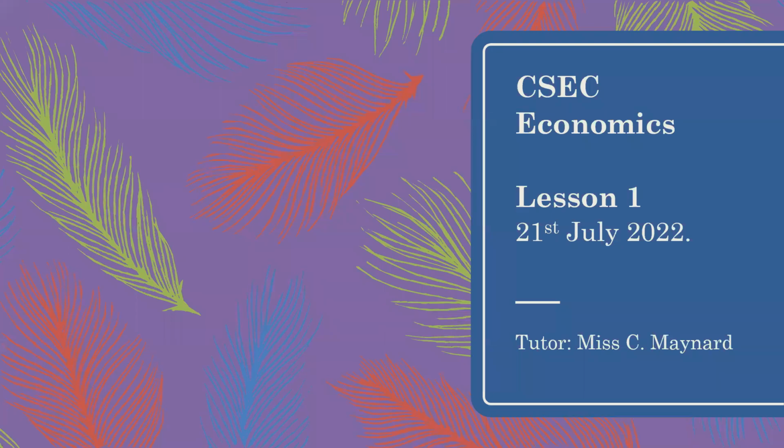Paper 1 is your multiple choice, as well as your SBA. For those who are doing it in school, you will have an SBA to do. And for those who are doing it privately, you will have a case study, which is your Paper 3. So Paper 3 basically looks at case studies that you will have to answer.